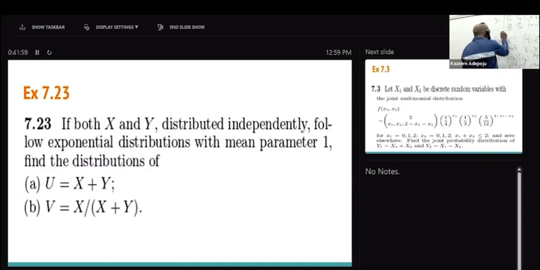The determinant of the Jacobian now is going to be u into 1 minus v minus, okay, uv. You know how we find the determinant of a matrix: this multiplied by this minus this.